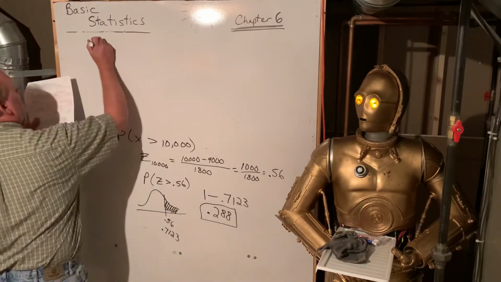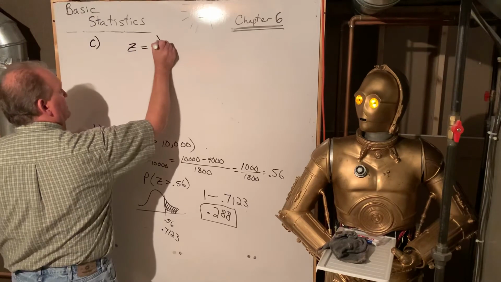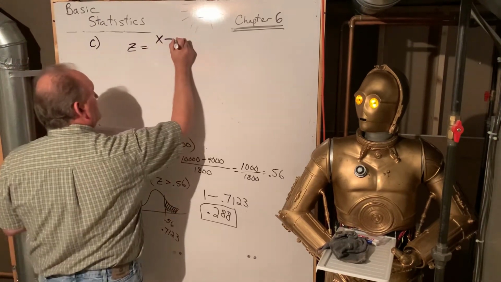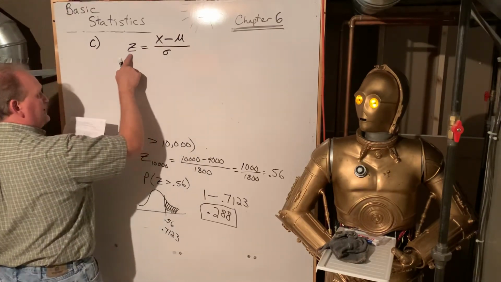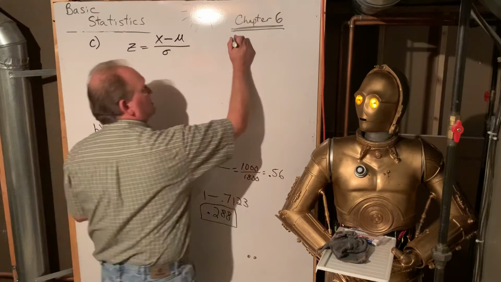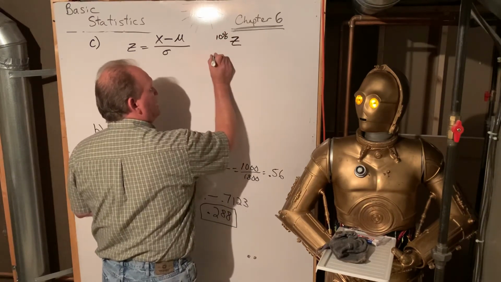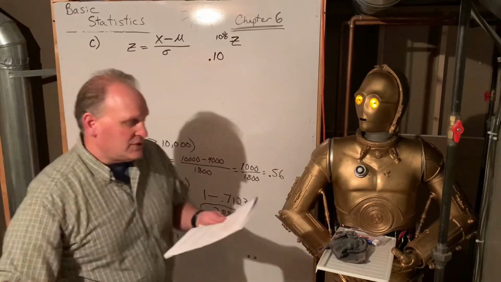So this time we want that X. They didn't give us X this time. We have the mean, we have the standard deviation. We can find the Z. So we have to find the Z-score that matches with 10%. So that means we're going to look up 0.10, and we'd like 0.1000.